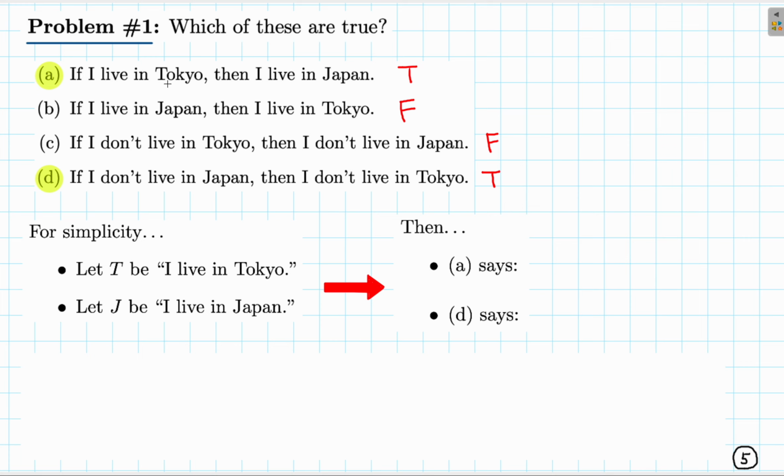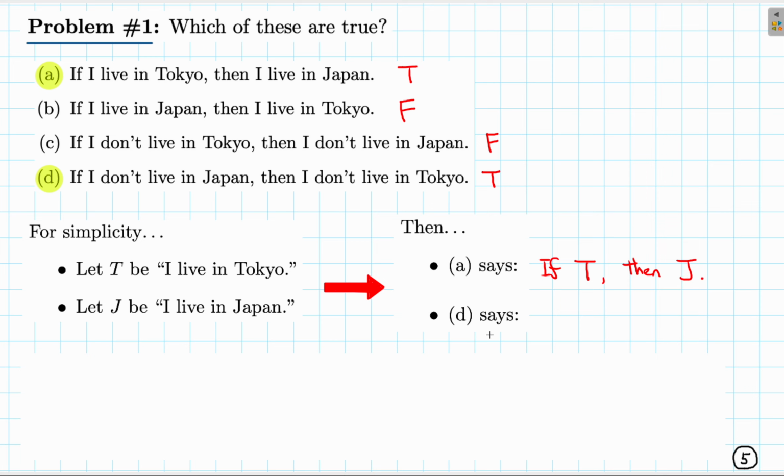If I live in Tokyo, which is T, then I live in Japan, which is J. So implication A can be written as if T, then J.